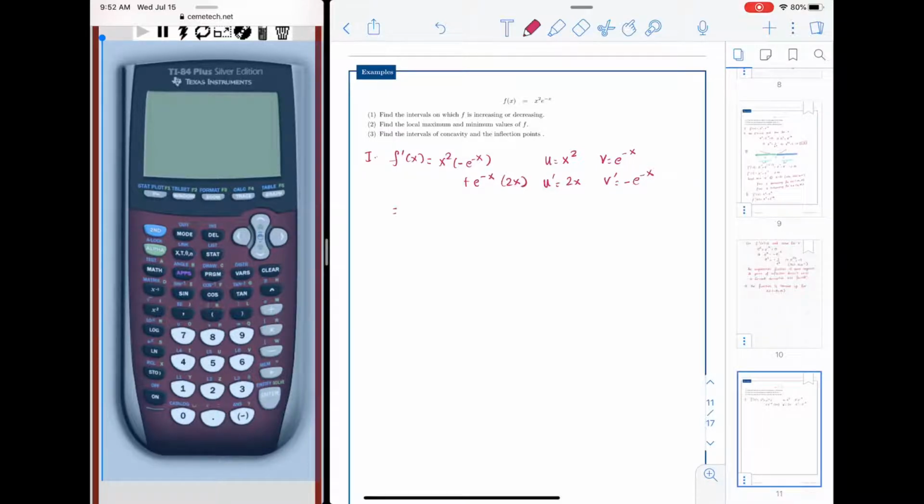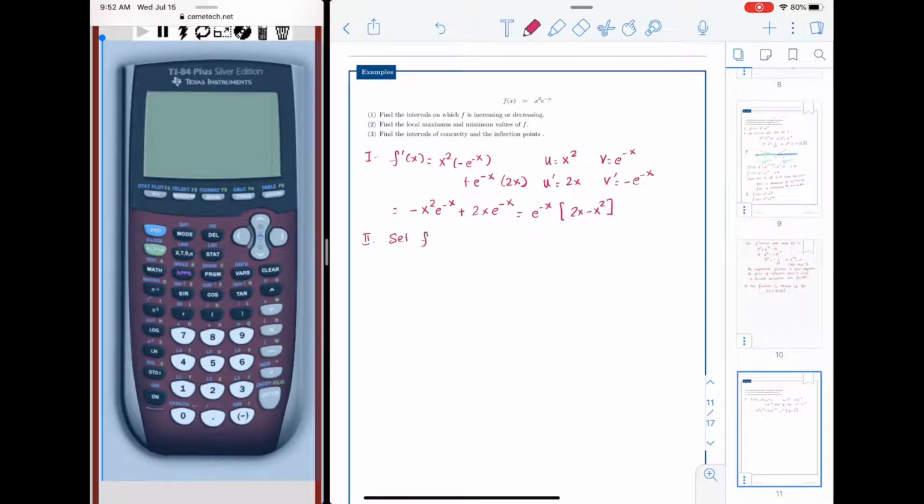That is negative x squared e raised minus x, plus 2x e raised minus x. We have an e raised minus x in common, so e raised minus x times 2x minus x squared.